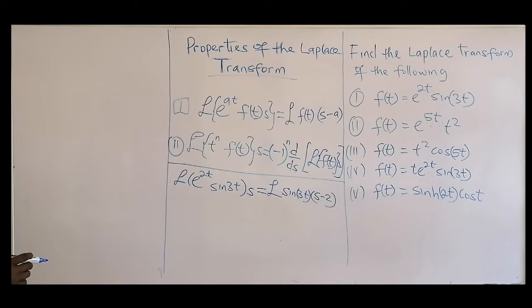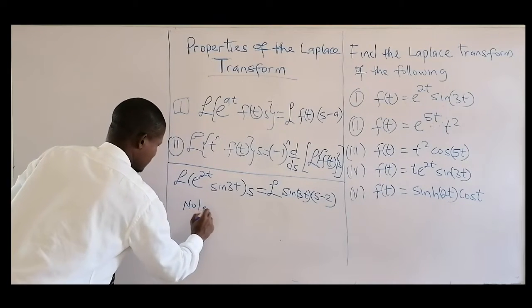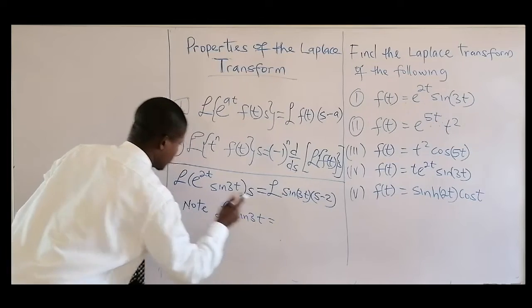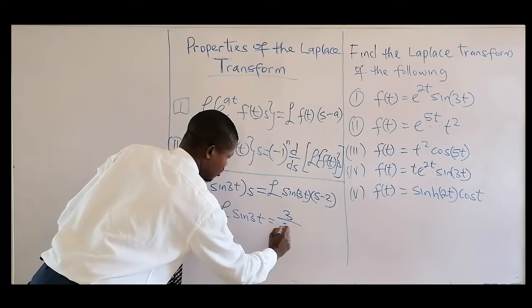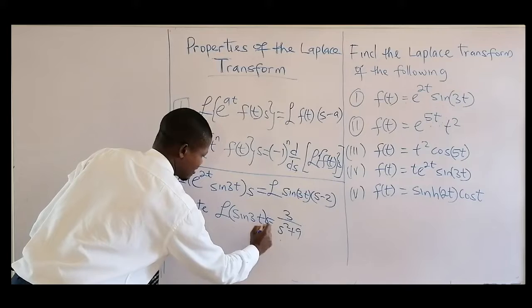Then how do you go about this? I want you to note that Laplace of sine 3t is equal to 3 over x squared plus 9. We know that this is when you have the x domain.